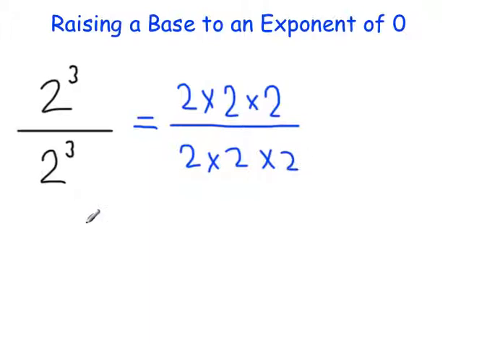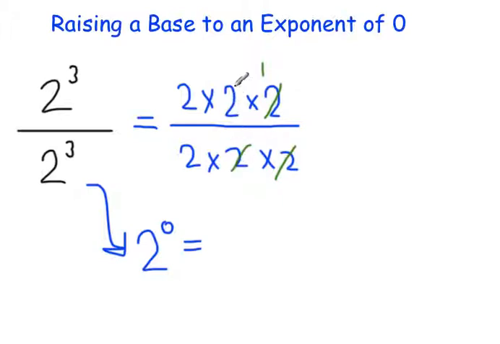However, another way to solve this problem is to apply the rule of division. The bases are the same, so we keep the base of 2, and our exponent is the subtraction of the exponents. 3 minus 3 is 0. We will use the top expression to find out what 2 to the 0 power is. Right away, we see that all of the 2's can cancel. This 2 cancels with this 2, giving us 1.